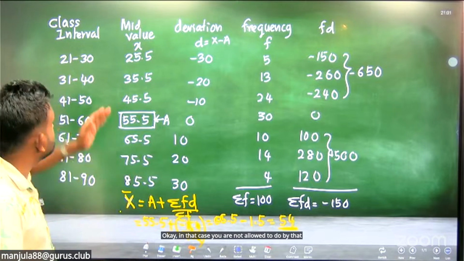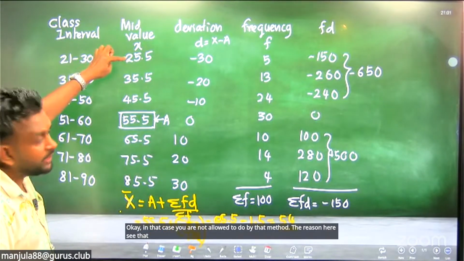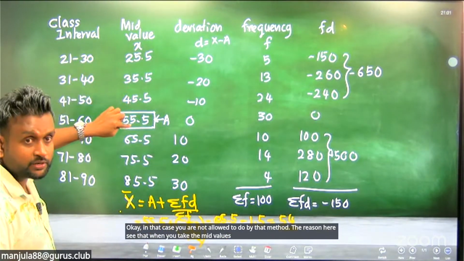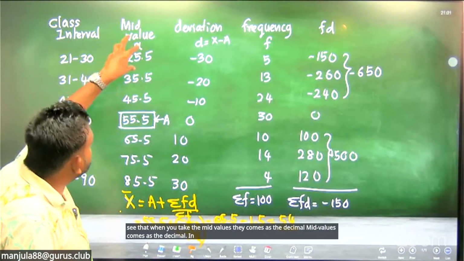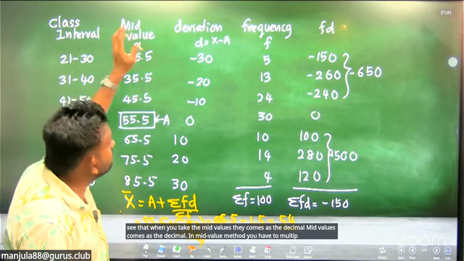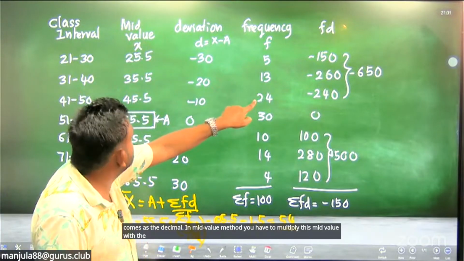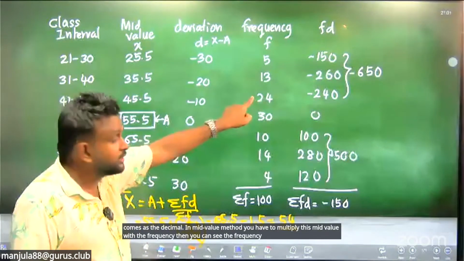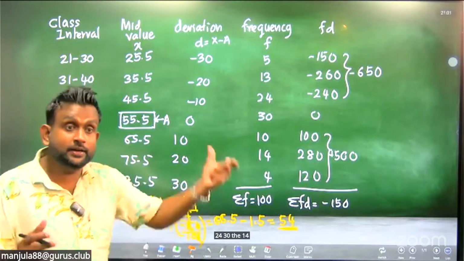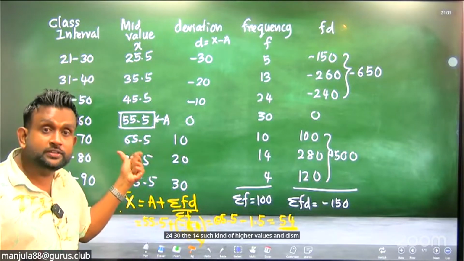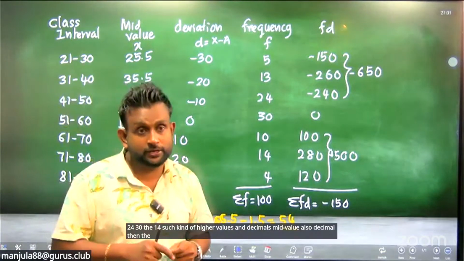The reason is that when you take the mid values, they come as decimals. In the mid value method, you have to multiply this mid value with the frequency. The frequencies also have higher values, like 24, 30, 14. And the mid values are also decimals. Then the multiplication would be difficult here.